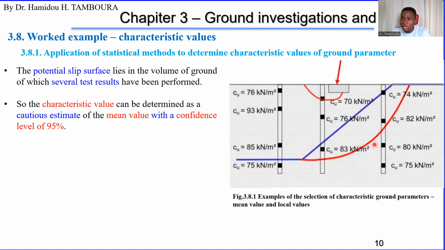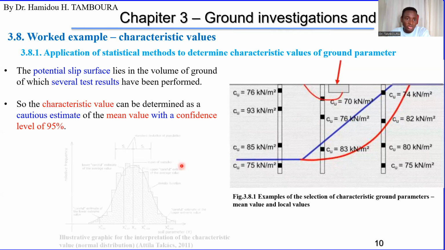Okay, normal distribution, and the slip surface where the failure will happen covers a lot of test results, from top to bottom, widely covering several test results. Do you understand? So it means you can base it on the mean value, the average value of the system.